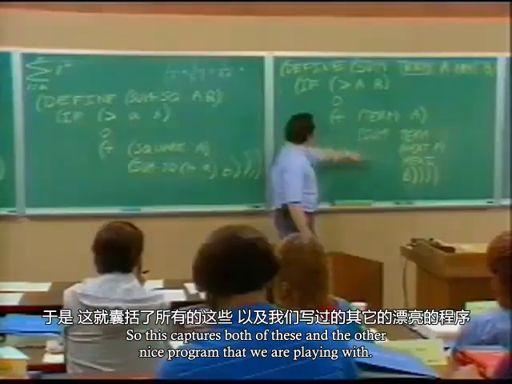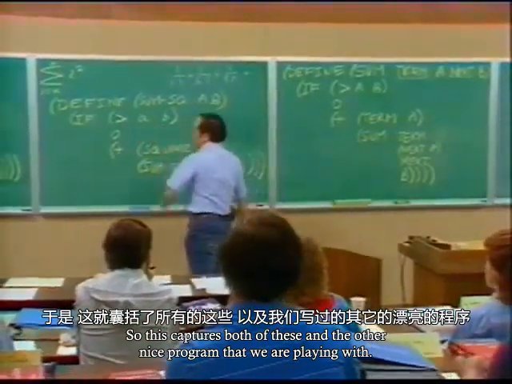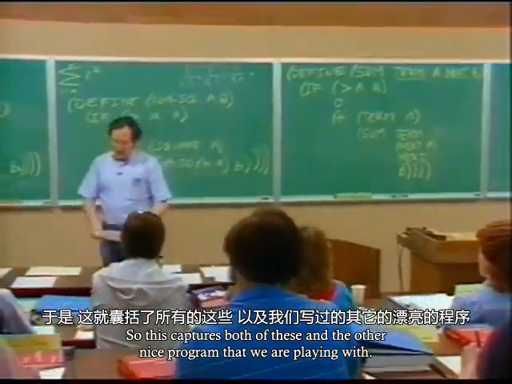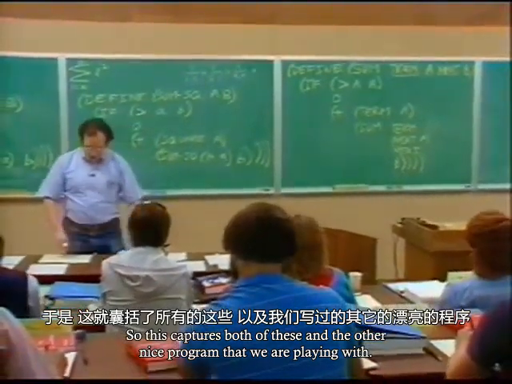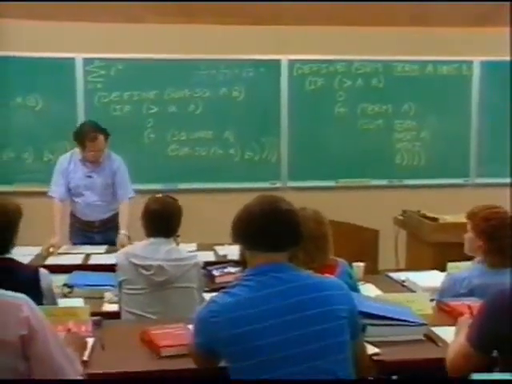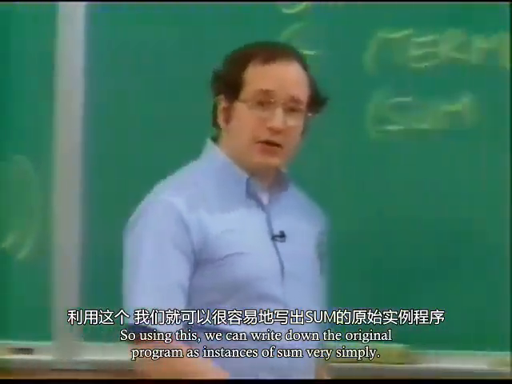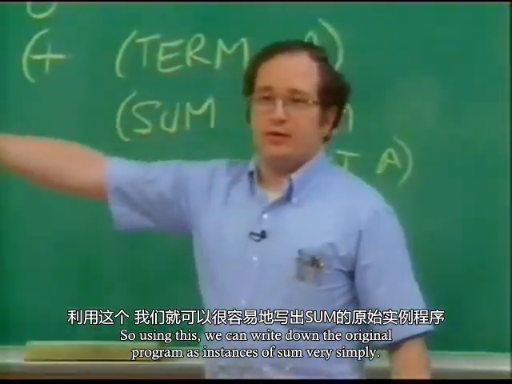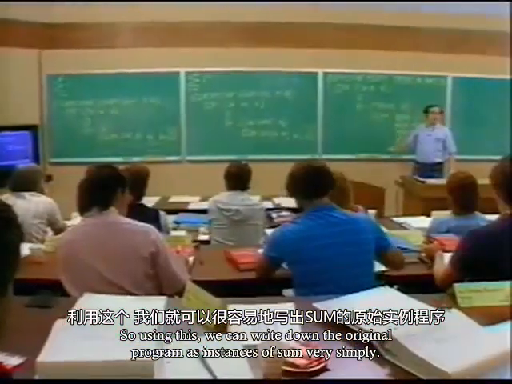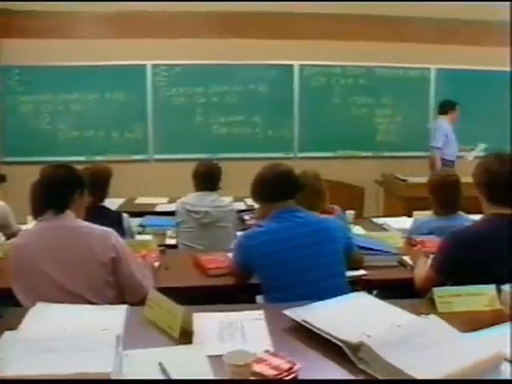So this captures both of these and the other nice program that we were playing with. So using this, we can write down the original programs as instances of sum, very simply.